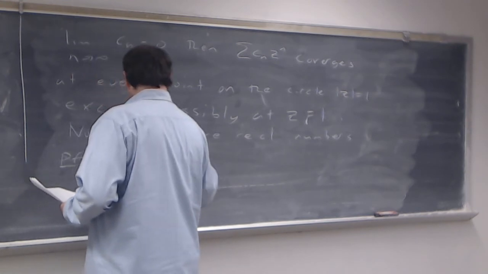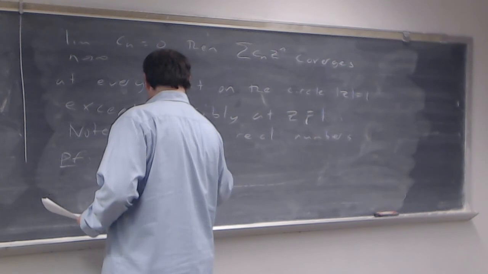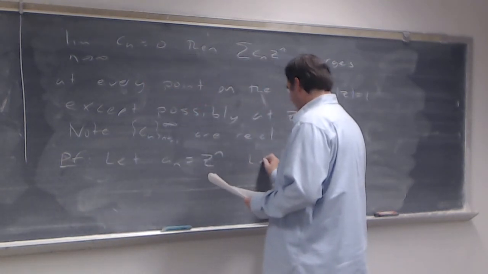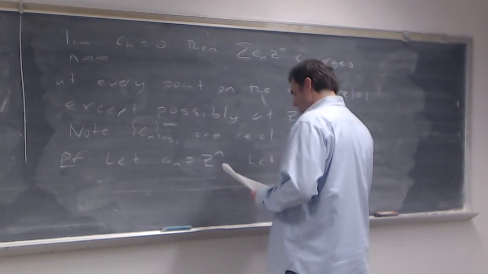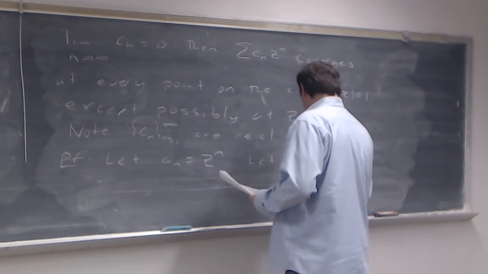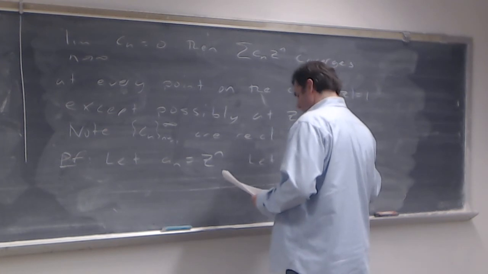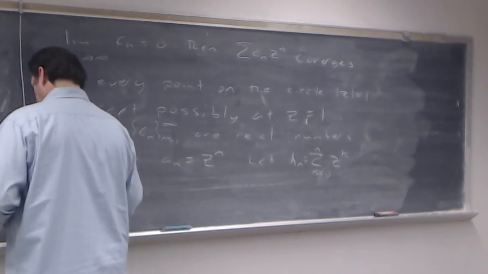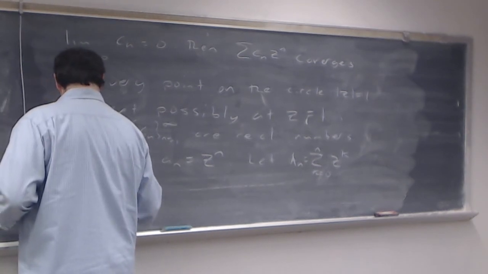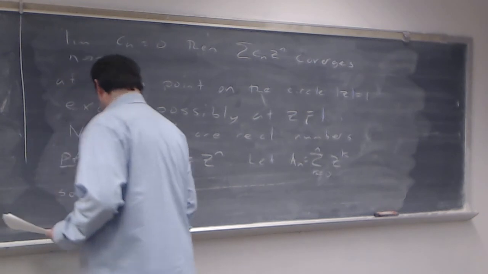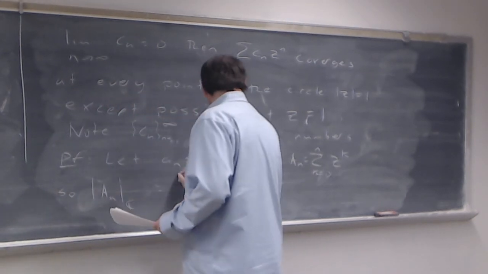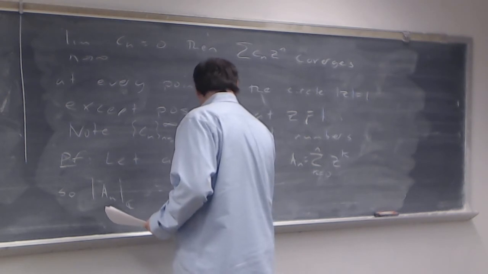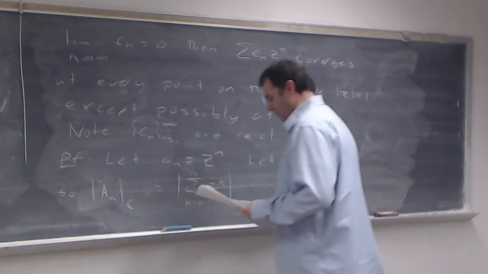We let a sub n be equal to z raised to n. We let big A sub n be equal to the partial sums as k runs from 0 to n of z to the k. So the big A sub n's in absolute value, remember this is complex numbers here, is equal to the absolute value of the sum as k runs from 0 to n of z to the k.